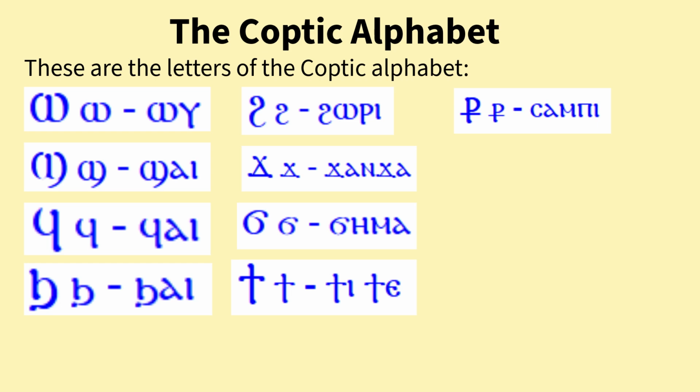It simply has a numerical value. In this case, I believe 900, and it's called sambi, the symbol representing 900.